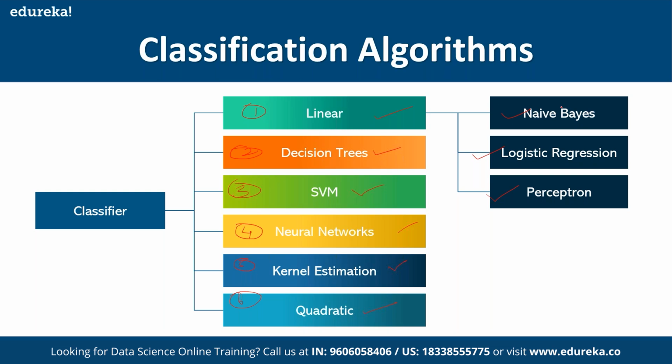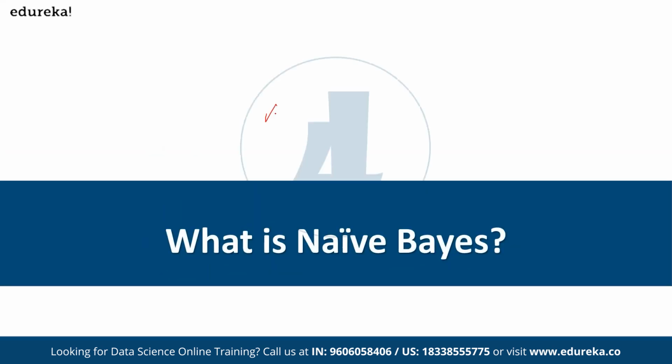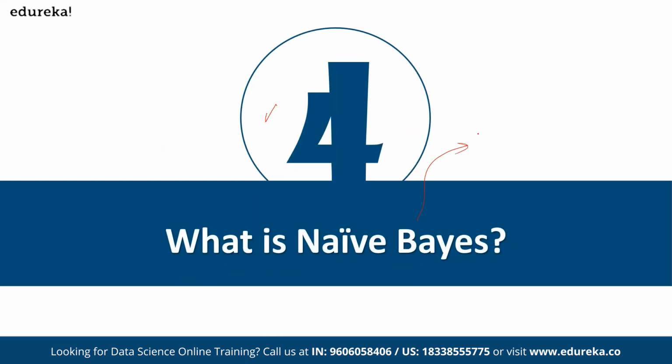Today we are going to learn about Naive Bayes. So what is Naive Bayes in short? Naive Bayes is an algorithm used for classification. Or if I can give a statement, the Naive Bayes algorithm is used for solving classification machine learning problems.